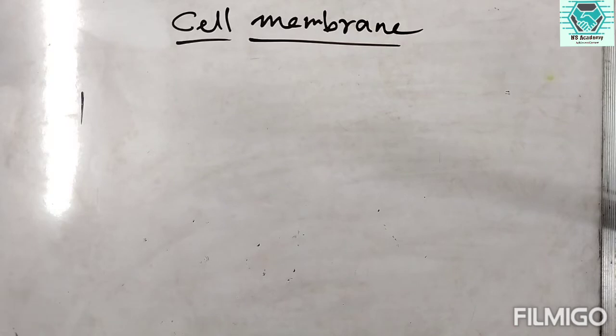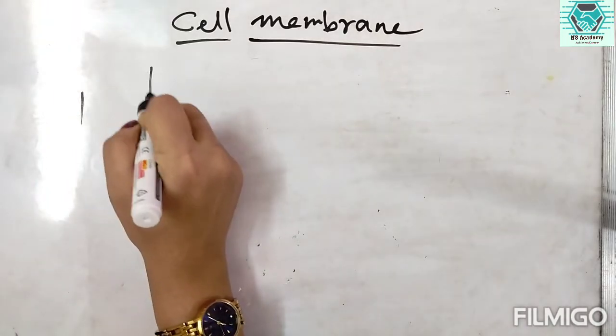Approximately 55% of the composition of the cell membrane is proteins.